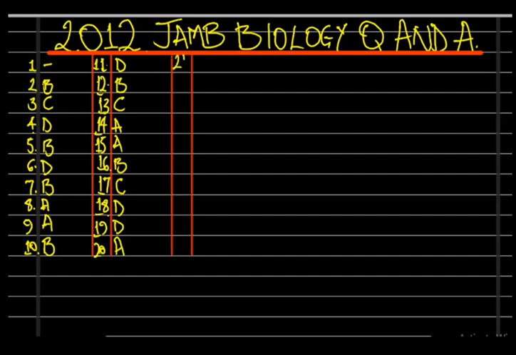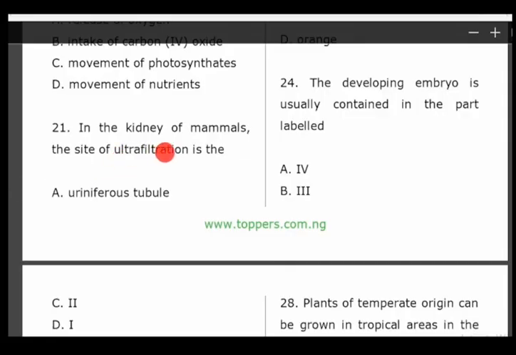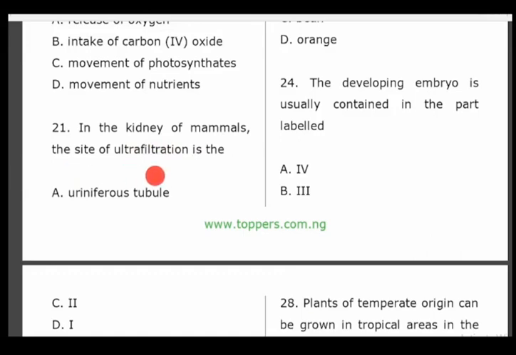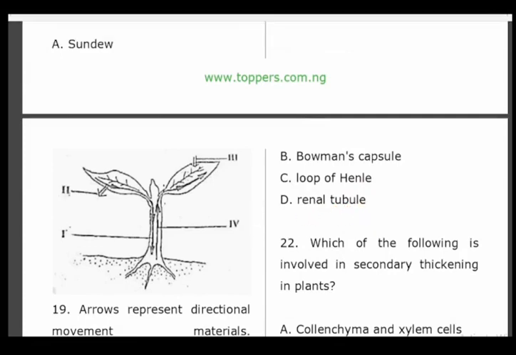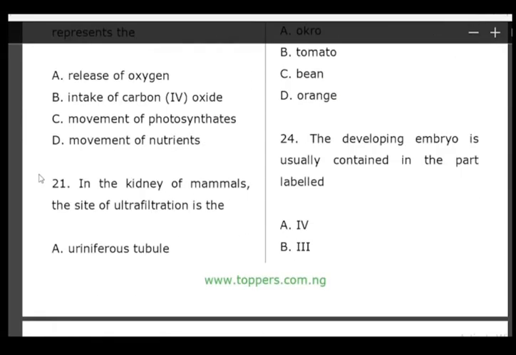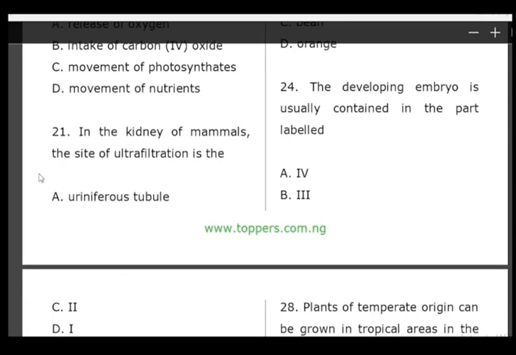So 21 now says, in the kidney of mammals, the site of ultrafiltration is the A, the uniferous tubule, B, the Bowman's capsule, C, the loops of Henle, and D, the renal tubule. If we look at this question, we're talking about the function of the kidney generally.